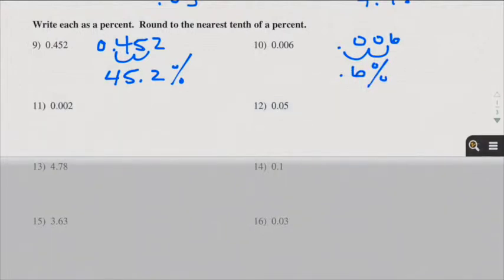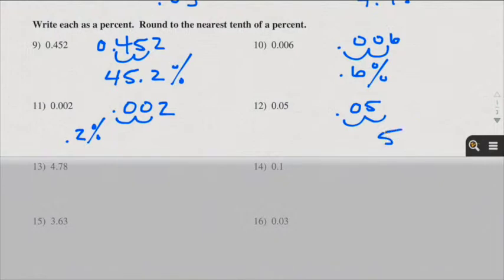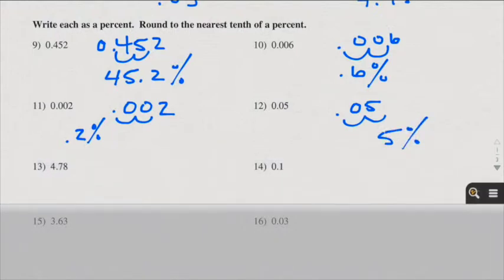Okay, number 11, 0.002, move the decimal over 1, 2, 0.2%. Number 12, we have 0.05, move the decimal over 1, 2, we end up getting 5%.